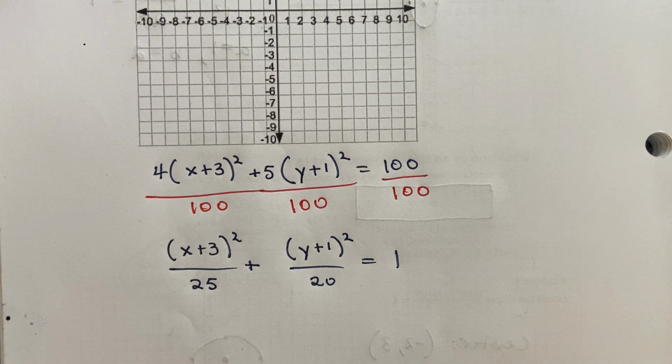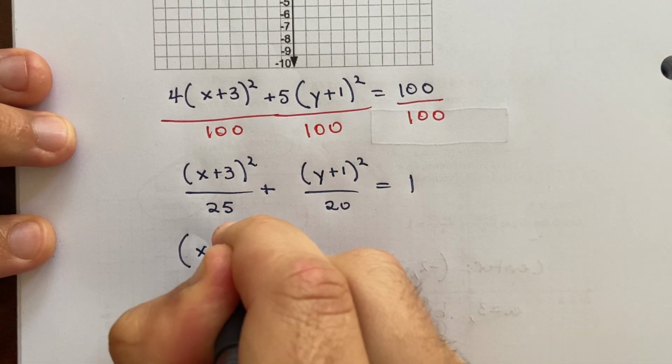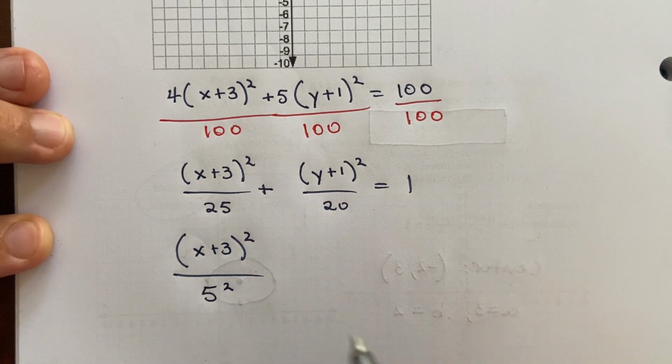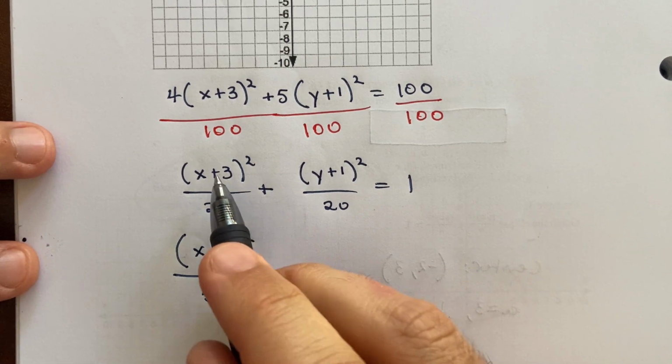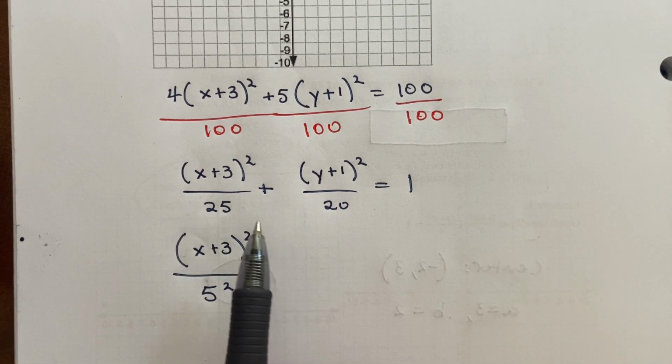To put this in standard form, I'm going to write a and b, so I can write a squared and b squared. This is the same as (x plus 3) squared over 5 squared, so that tells me a is 5. Again, it's always the one under the x that is a. It doesn't matter which one comes first.